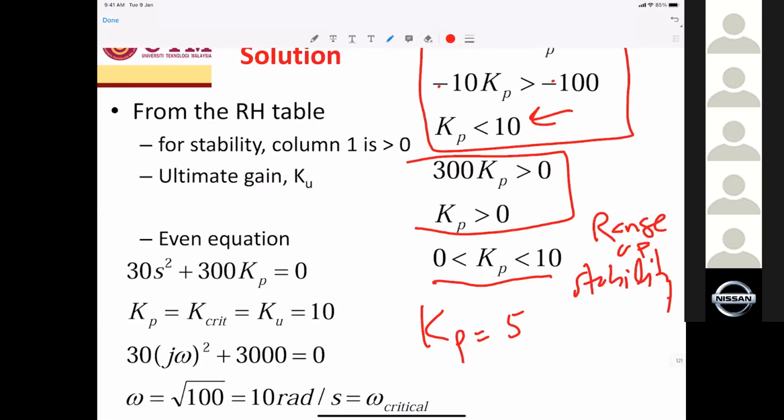It's bigger than 0 and less than 10. Stable or not stable? Stable. Correct.